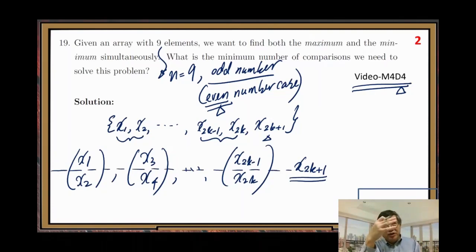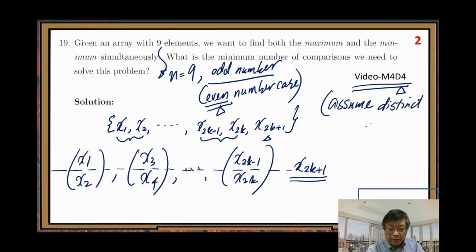When we do comparisons, we have the minimum, the smaller one, and a larger one, right? When you do comparison, here you can assume all the elements are distinct. In order to make our discussion easier, we can assume we have distinct elements. Don't worry, just make it as easy as possible for our discussion.